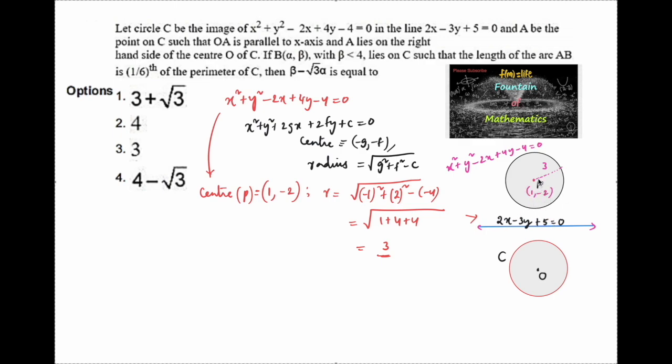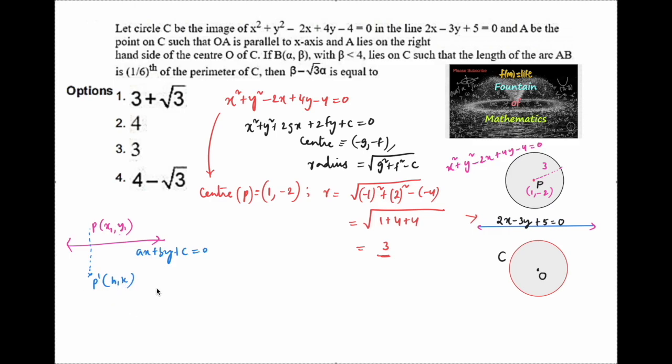So we need to find the image of this point with respect to the line ax plus by plus c is equal to 0. Let us consider the image here as P dash, say h comma k.